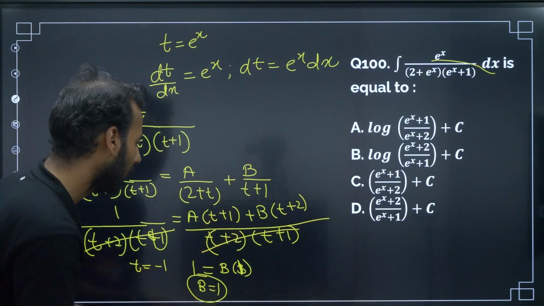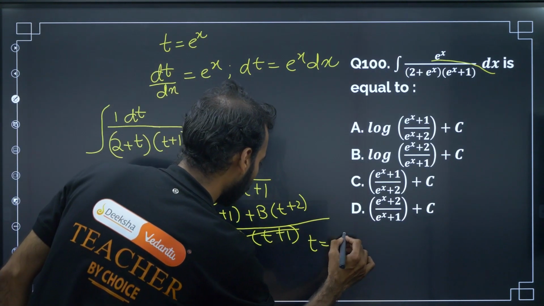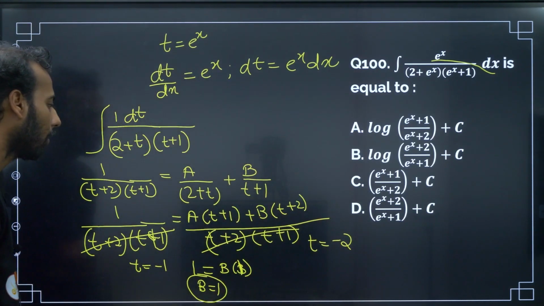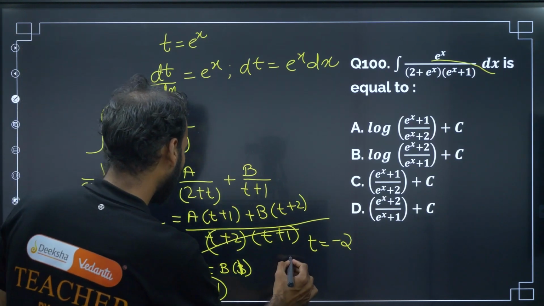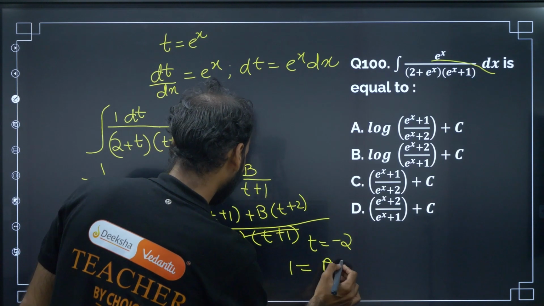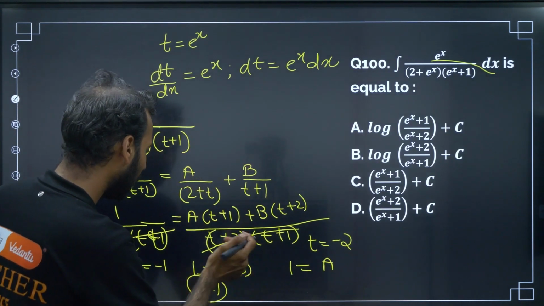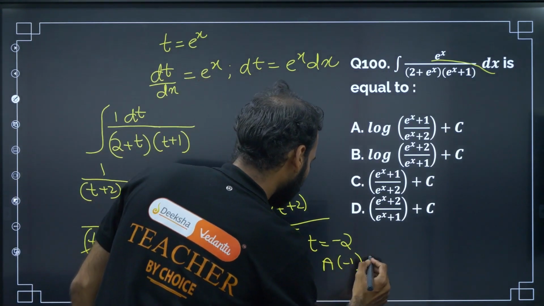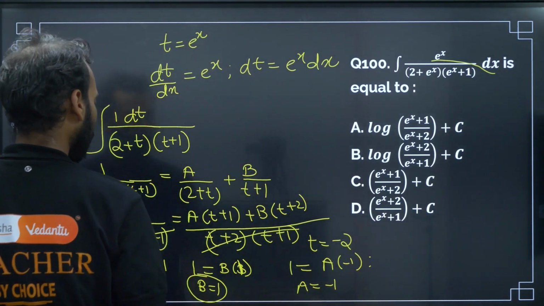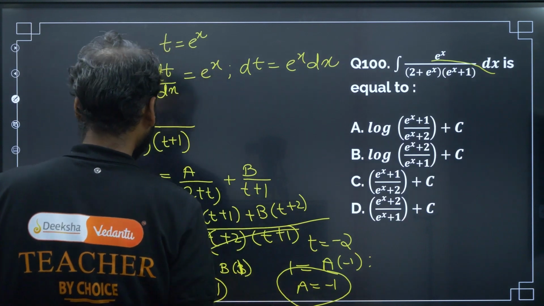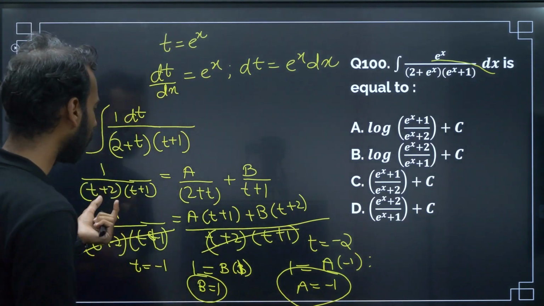In the next attempt, I will substitute t as negative 2 in this expression. So if I substitute t as negative 2, this becomes a is equal to, in place of t negative 2, plus 1, negative 1. So a is negative 1. A and b values I got.